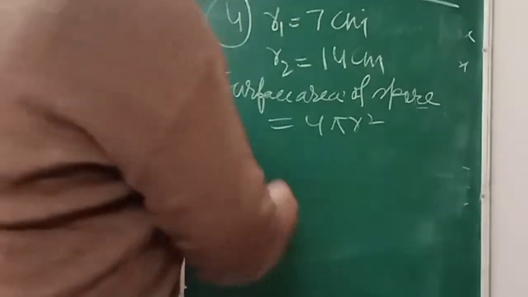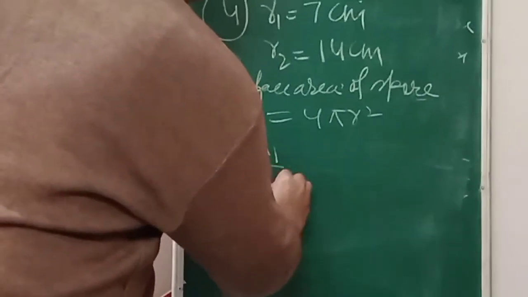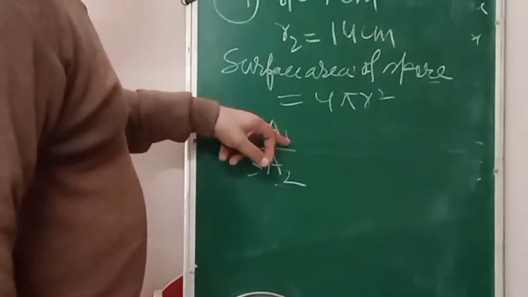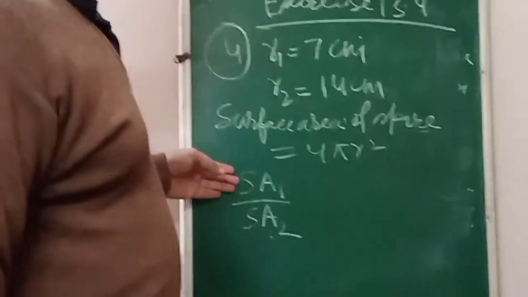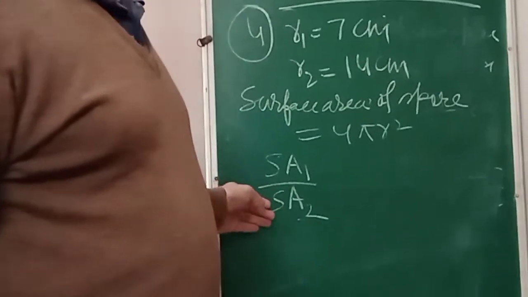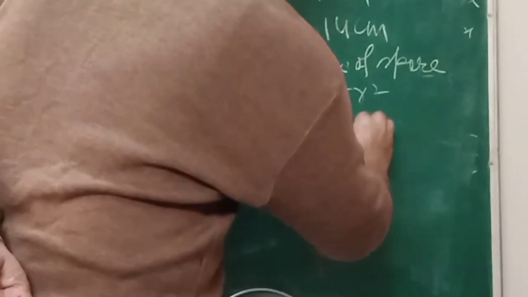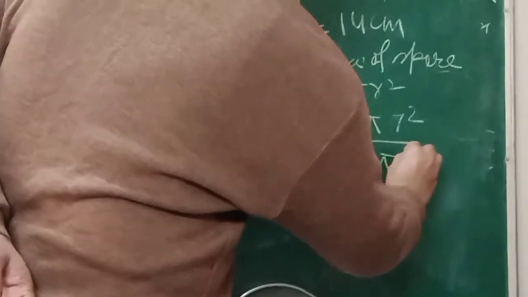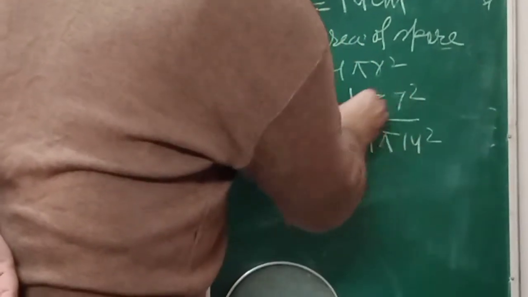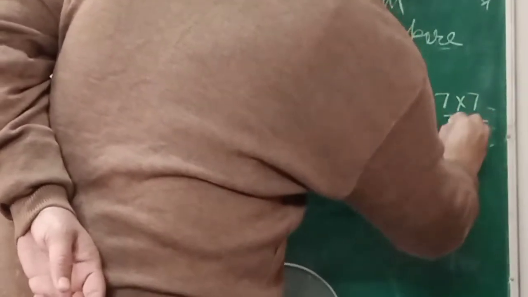So surface area SA1 upon SA2 we need to find out. SA1 is surface area 1 and SA2 surface area 2. Ratio means surface area in the first case divided by surface area in the second case. So what is this? 4 pi 7 square divided by 4 pi 14 square. This gets cancelled, and 7 into 7 divided by 14 into 14.